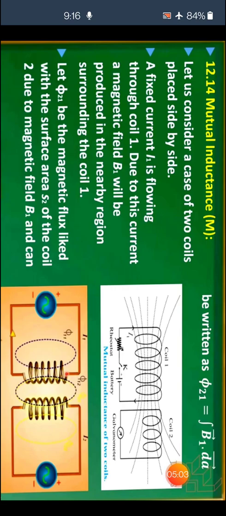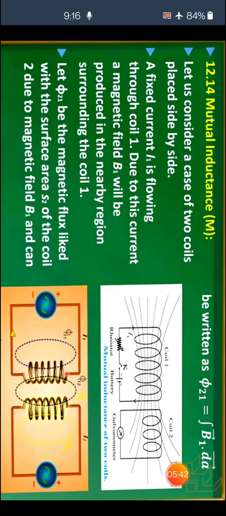First, let phi 21 be the magnetic flux linked with the surface area S2 of coil 2 due to the magnetic field vector B1, and can be written as phi 21 is equal to the integration of vector B1 into vector dA.